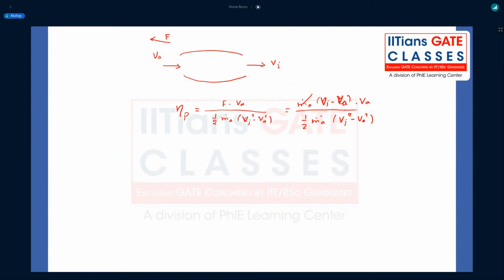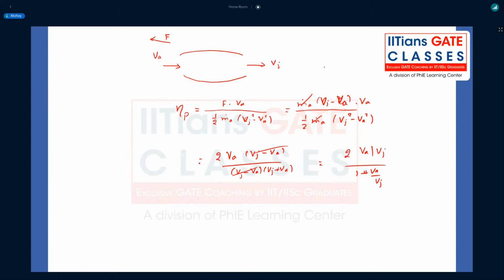Now I can cancel out the mass flow rate. It turns out to be 2 times Va times Vj minus Va divided by Vj square minus Va square. I can write that in terms of the a plus b, a minus b form. So I can cancel this and this.